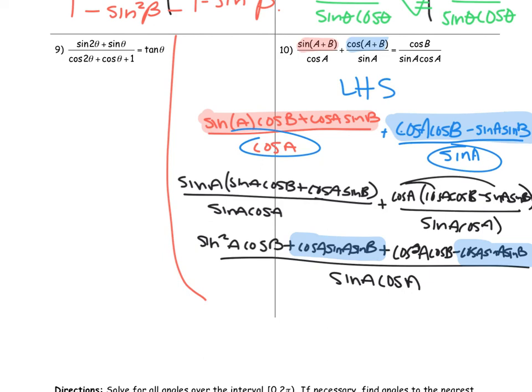So now I'm left with sine squared A cos B plus cosine squared A cosine B, and this is all over sine A cosine A.